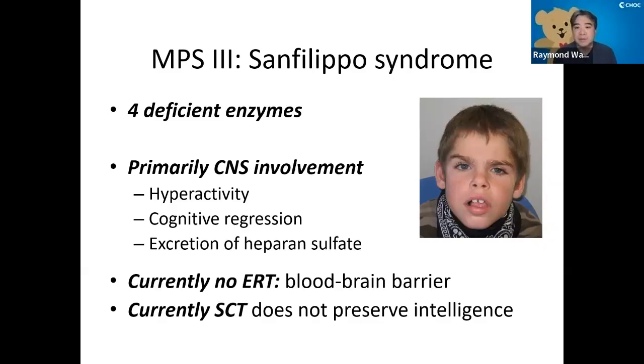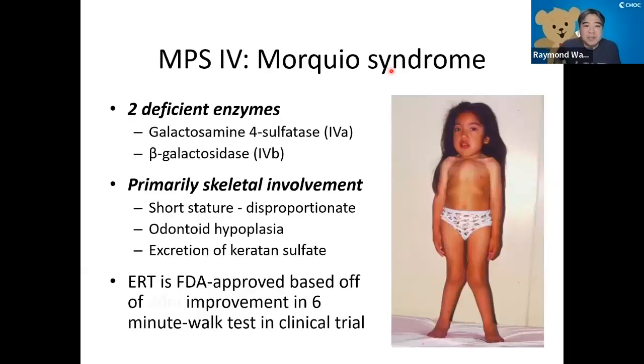How is Morquio IV treatment administered? At the moment, there is one United States FDA-approved product, which is recombinant human galsulfase enzyme. It is also given every week. But if you recall, it is an intravenous enzyme, and intravenous enzymes have those skeletal limitations.